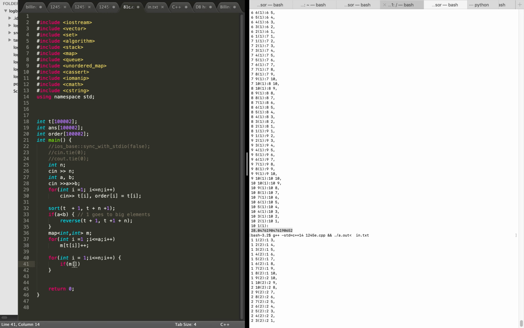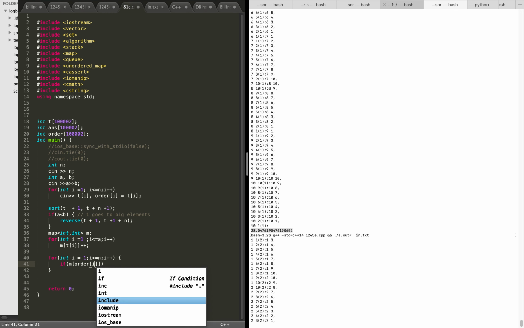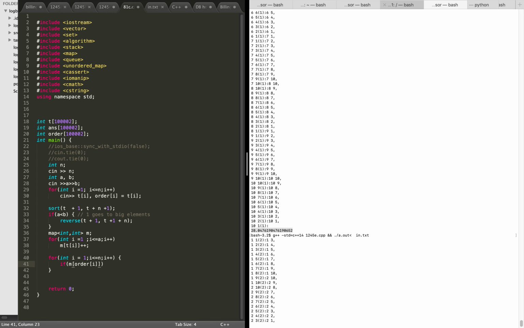And then if there are some values which I can create, then definitely I will take those values and output 1.